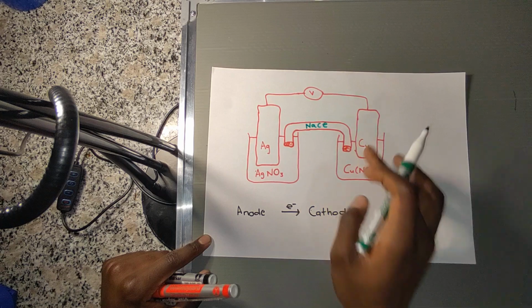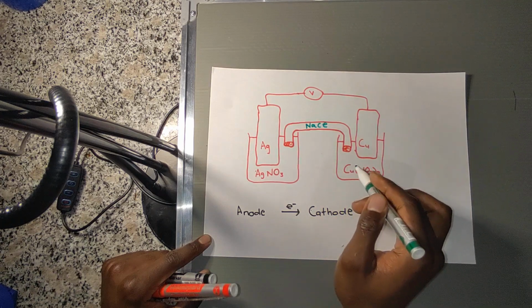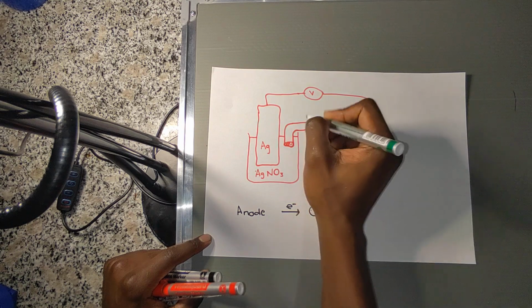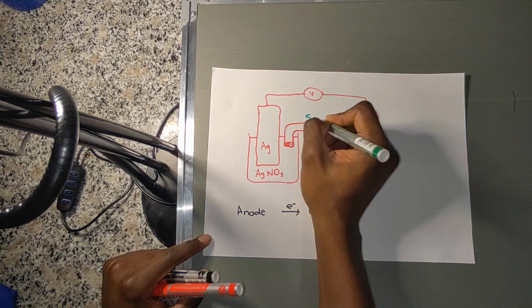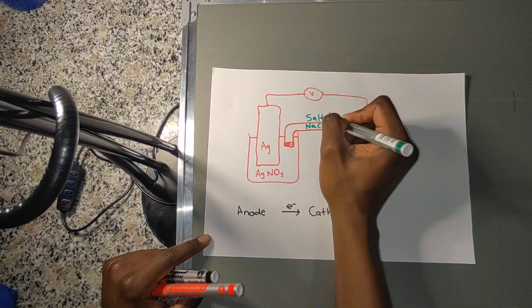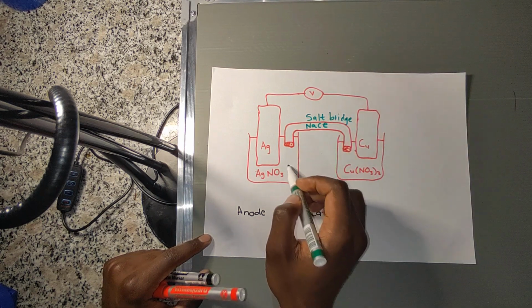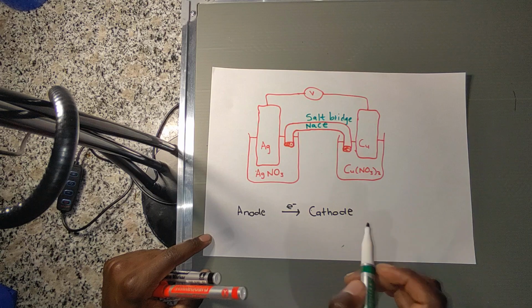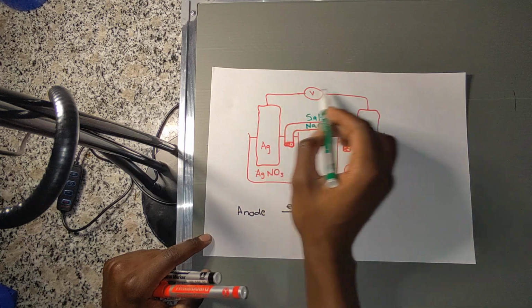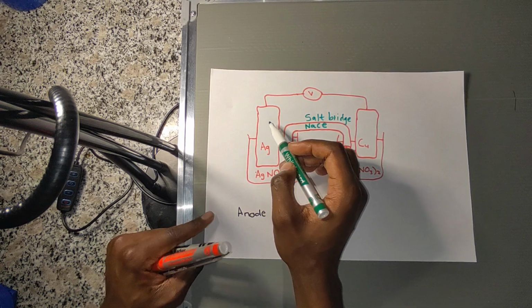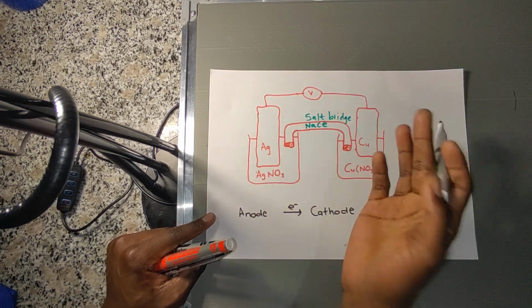So we have two half cells and we have electrolytes in these solutions. Okay, this is what we call a salt bridge. This is the salt bridge, that neutralizes the excess ions in the solutions. And then this is simply a wire, a conductor, where the electrons will be moving from one atom to another.